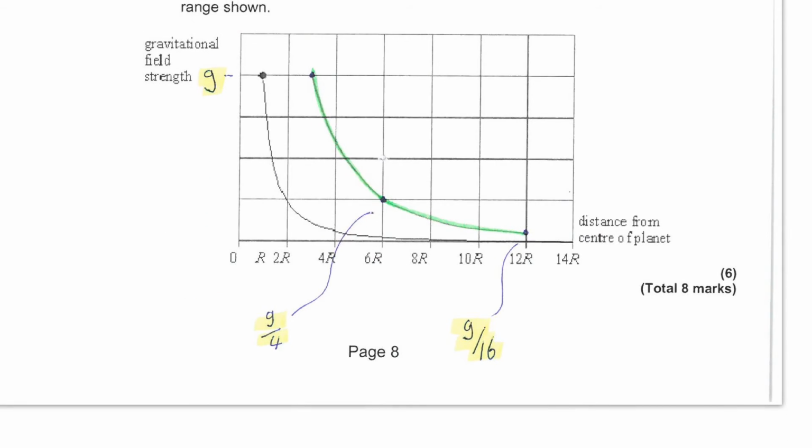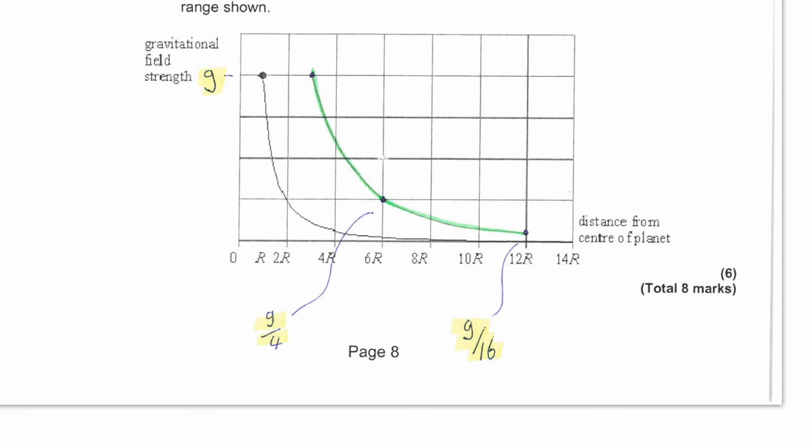Finally, a graphical part to the question. So the graph shows the gravitational field strength above the surface of planet P and how that varies with the distance from the centre. So we have this curve here, which should follow an inverse square law.